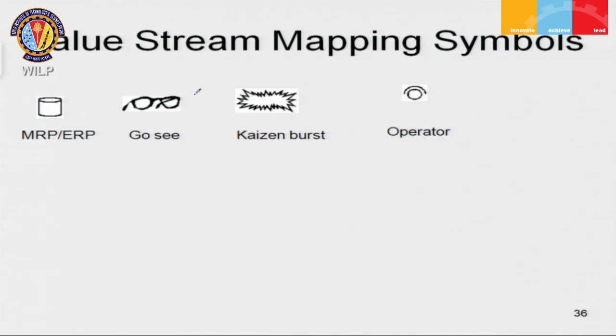And this is used to indicate that you need to go and observe what is happening and then analyze the particular process. A Kaizen burst is a focused improvement on a particular area, and this particular symbol is used to denote a Kaizen burst, and we generally tend to indicate an operator in this manner, or sometimes we also tend to do it in this manner.